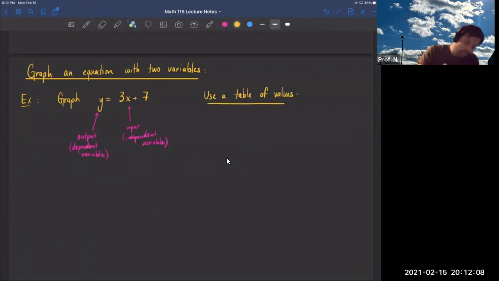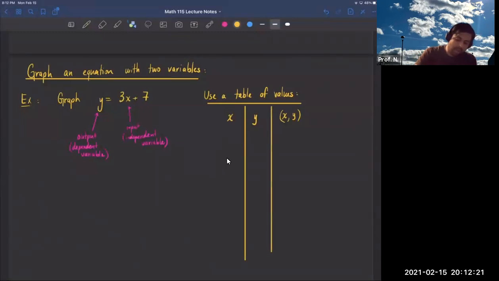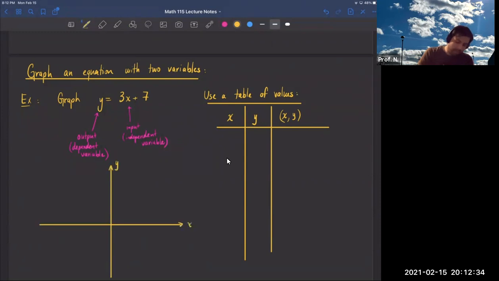Now, which values are we going to use? That's really up to us. So here we are. Because I want to graph this on the XY plane, also known as the Cartesian plane, I'm going to draw it here. And I want to choose numbers for x.